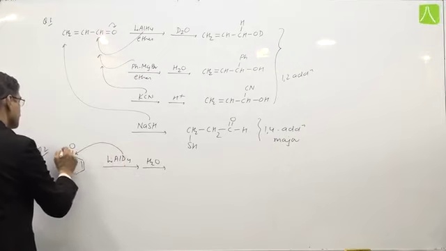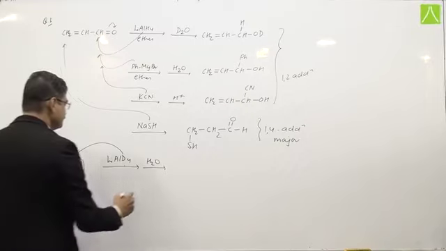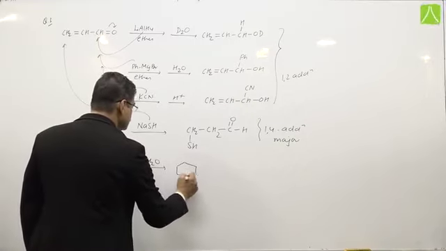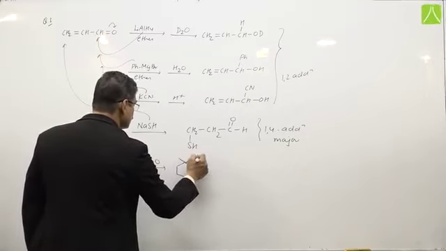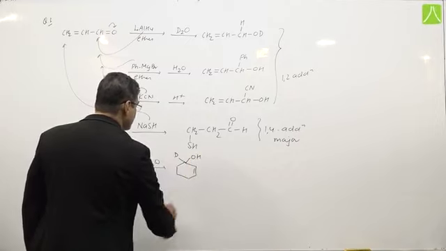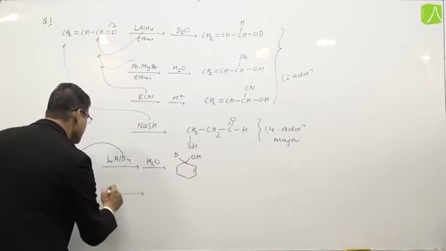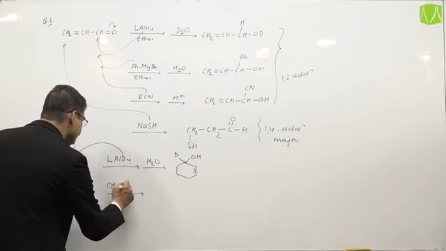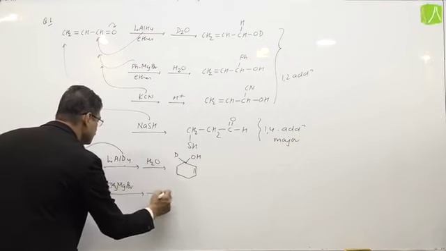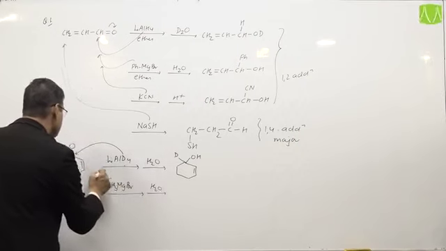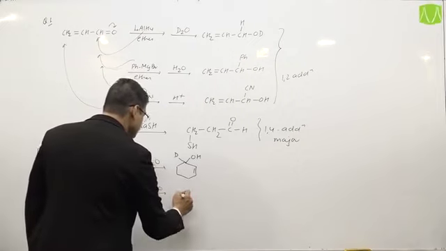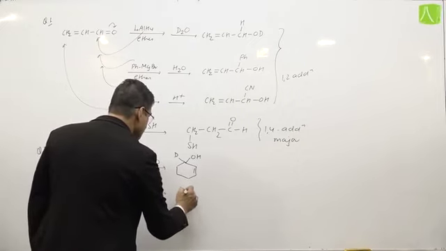Then deuterium goes to the ketone. So it is 1,2 addition. Similarly, I take CH3 MgBr followed by water. So it is again 1,2 because it is hard base.